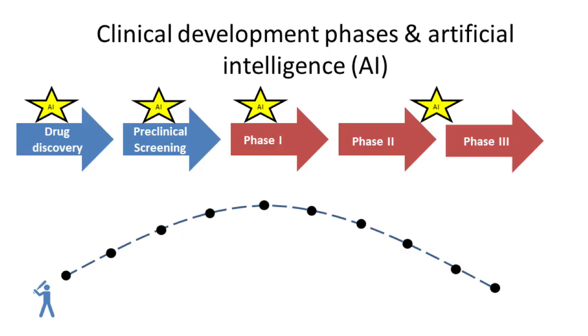So first, I want to describe to you the different steps of pharmaceutical development in many areas of medical research and specifically for cancer research. So there is a step of drug discovery where the aim is to discover a new compound. Then there is a step of preclinical screening of the compound.